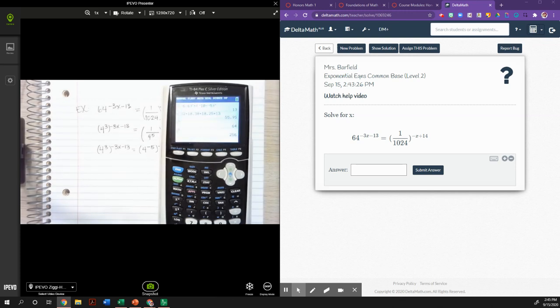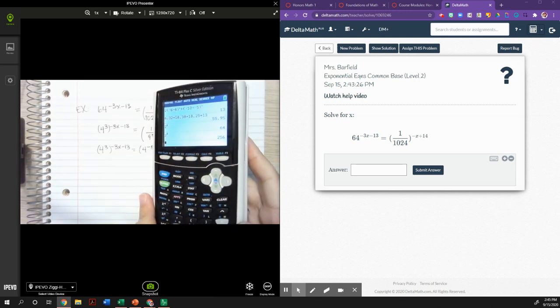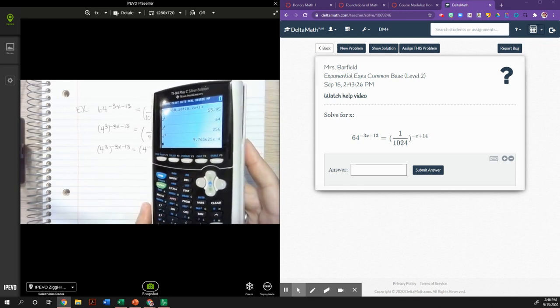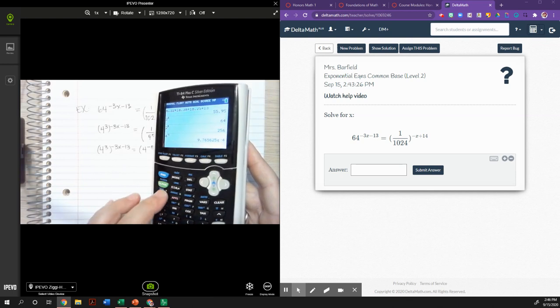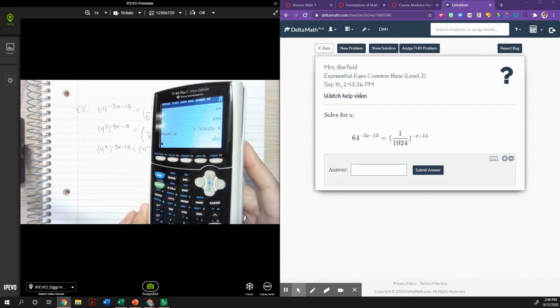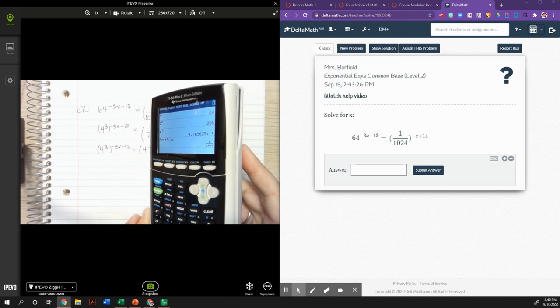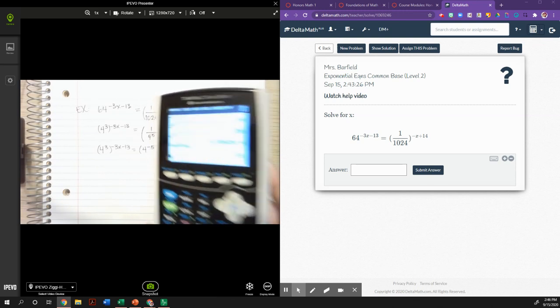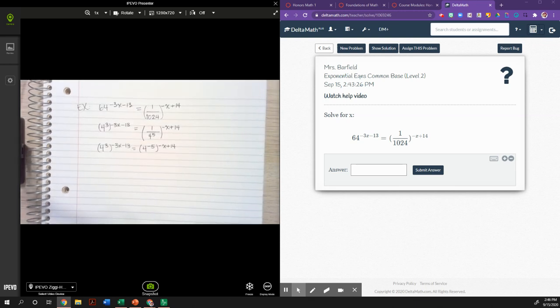Go to your calculator, type in 4 to the negative 5, you get a crazy decimal, convert it to a fraction, and you get 1024. So you can confirm what you've done.